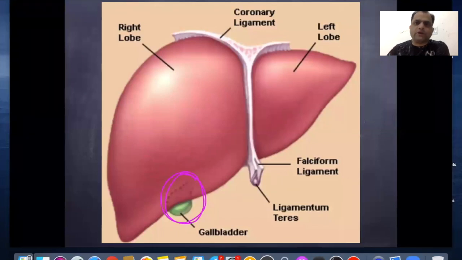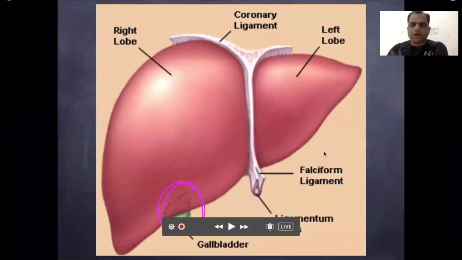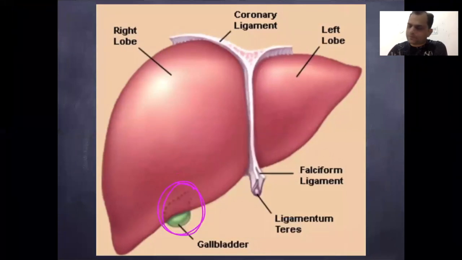If we see the physical body, in the physical body, the liver is situated on the right side. Suppose this is the physical body.